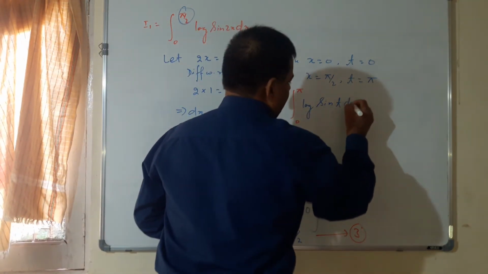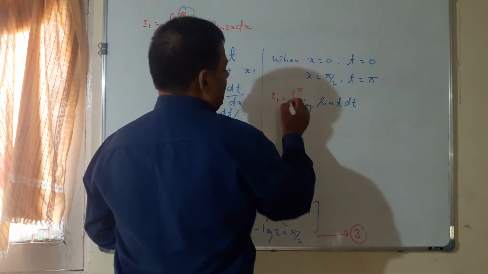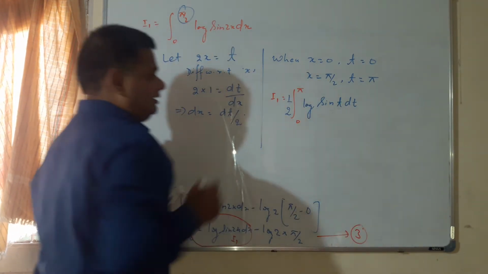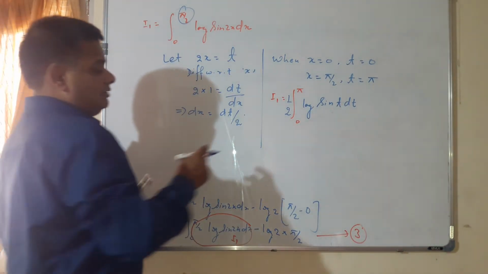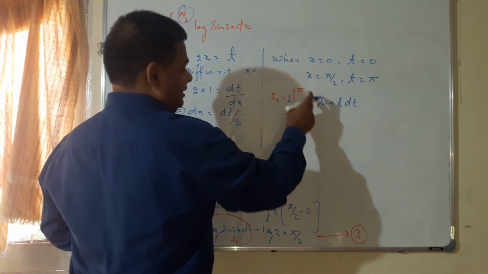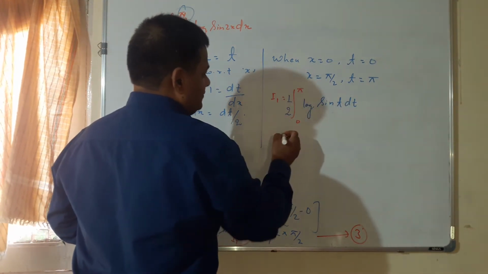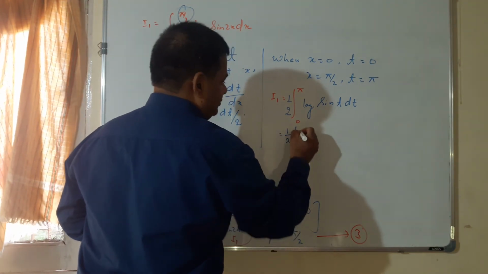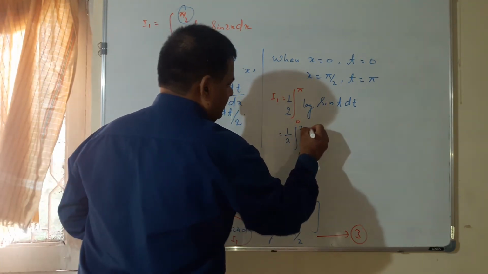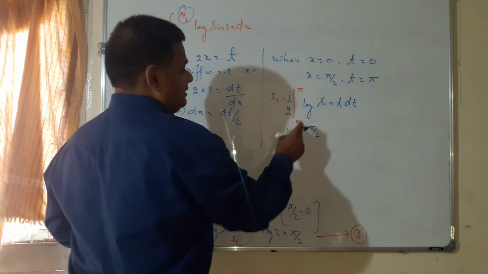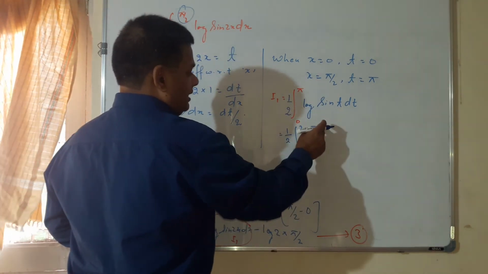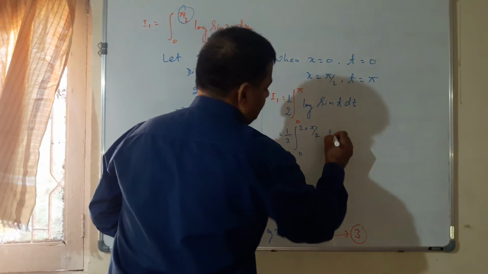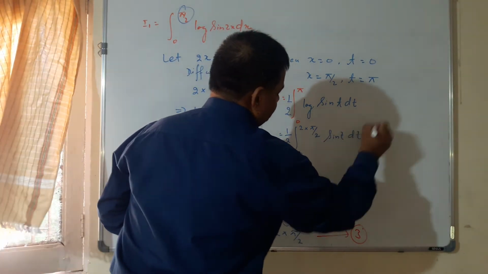So we can write 1 by 2 integral 0 to pi of log sin t dt. Now we can write pi as 2 times pi by 2, so 1 by 2 integral 0 to 2 into pi by 2 of log sin t dt.